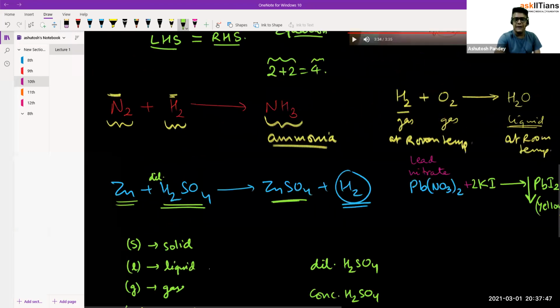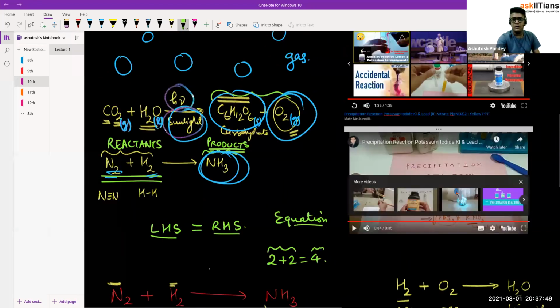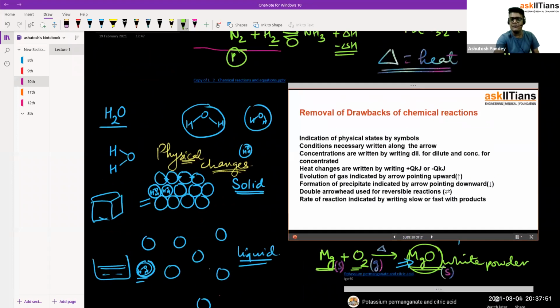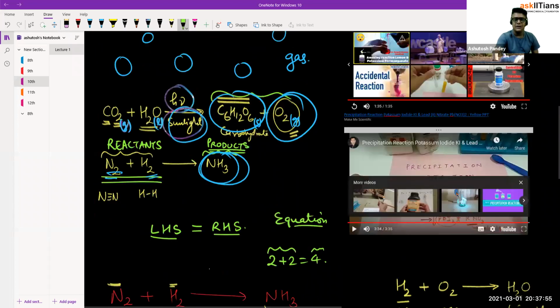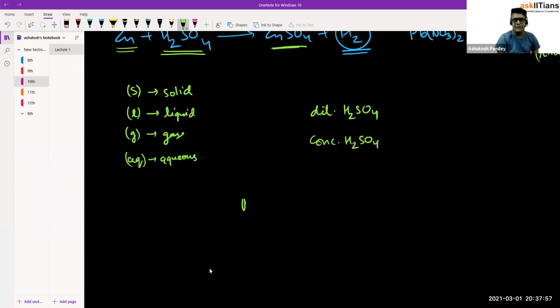Next, heat changes are written by writing plus q kJ or minus q kJ. Let's say we have a reaction N2 plus H2, and we are adding q kilojoules of heat on the reactants, it means that we are heating this, and we are getting NH3.